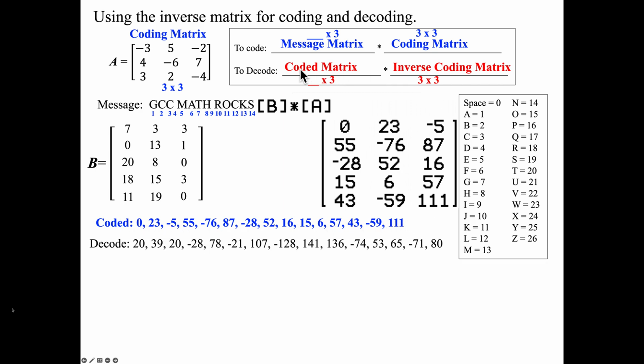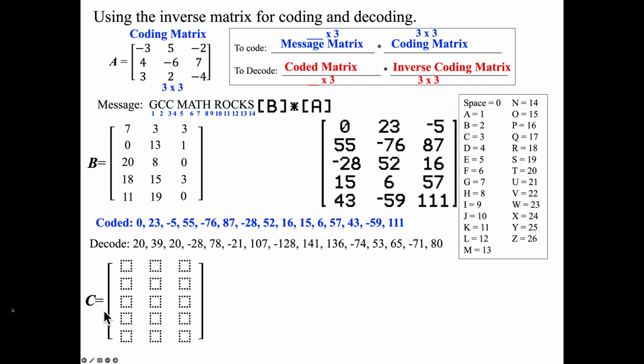If we want to look at going in reverse to decode something, again, we'll look at our numbers and count them up: 1, 2, 3, 4, 5, 6, 7, 8, 9, 10, 11, 12, 13, 14, 15. So 15 again, 5 by 3 matrix. We'll call it matrix C. And we'll start putting these numbers in order.